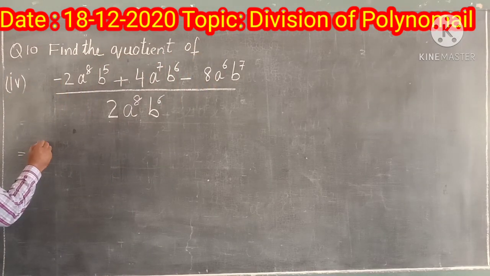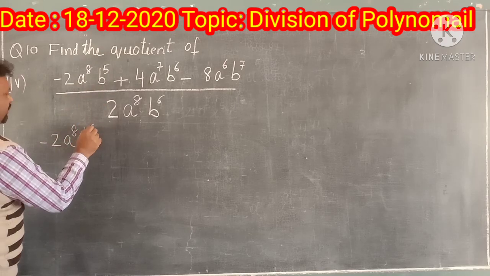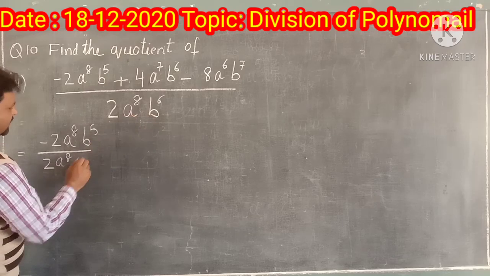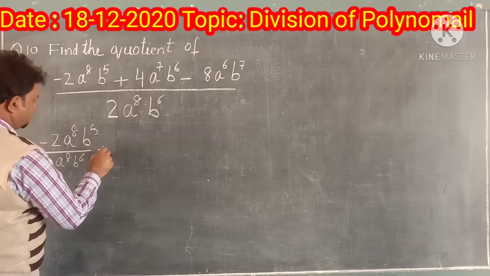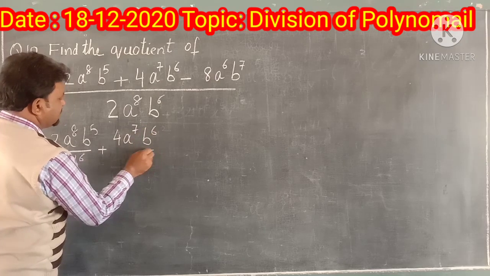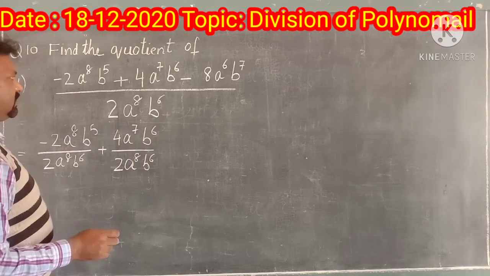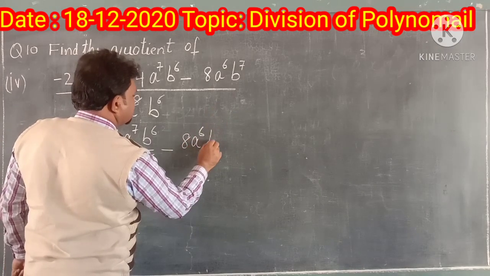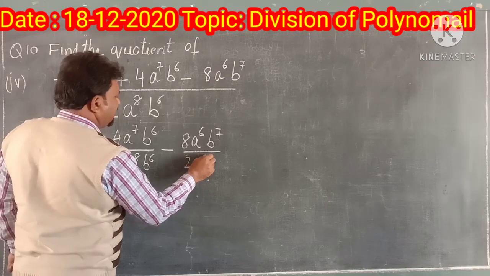So we can write minus 2a^8 b^5 divided by 2a^8 b^6, then plus 4a^7 b^6 divided by 2a^8 b^6, then minus 8a^6 b^7 divided by 2a^8 b^6.